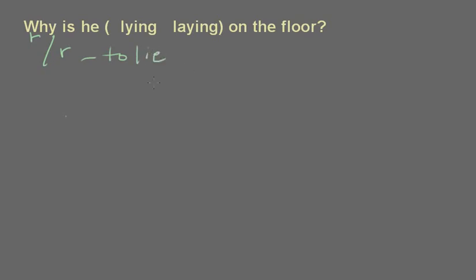Which one of those is the present participle of the verb to lie? It is lying. And again, this doesn't have anything to do with telling the truth or not. This is a totally different meaning. And we have on the floor as a prepositional phrase. There are no other words left to be a direct object, so that is consistent with the verb to lie.